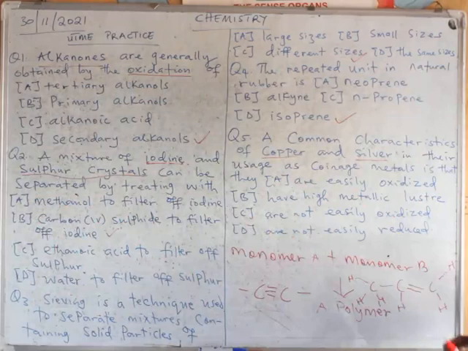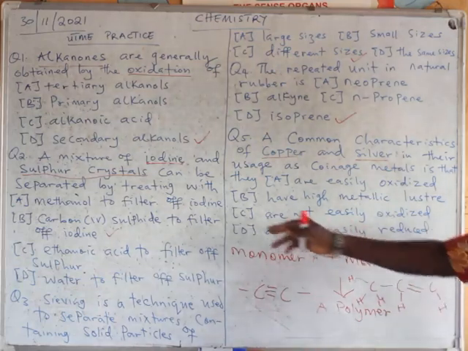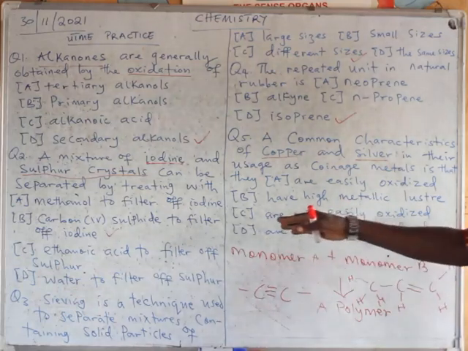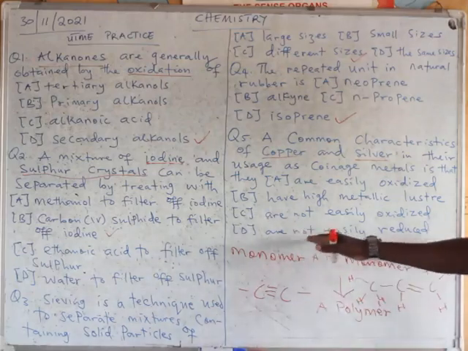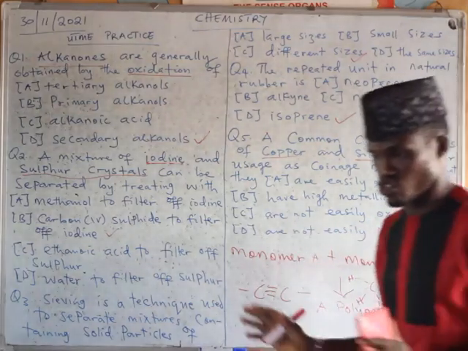Are we together? Then, is it because of that they use them to make coins? That is what the question is saying. Now, they have the ability not to be easily oxidized. Is that the reason? Then finally, they are not easily reduced.